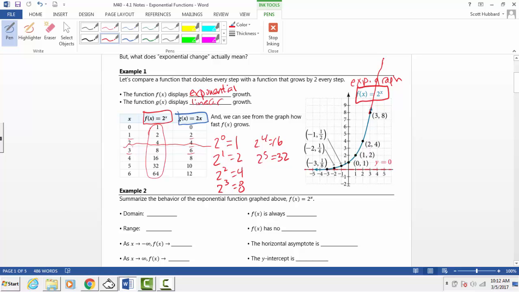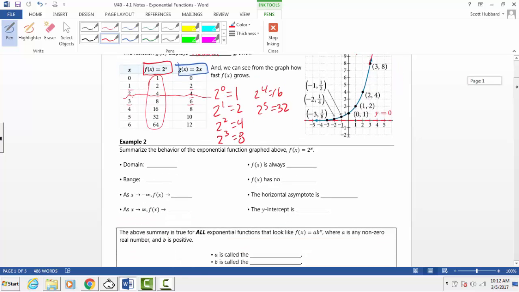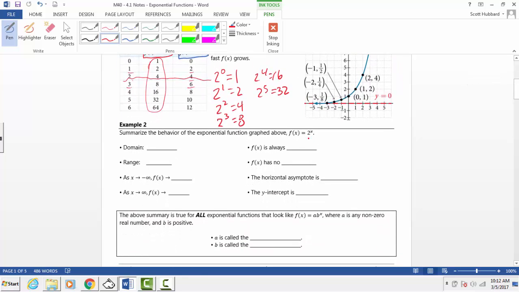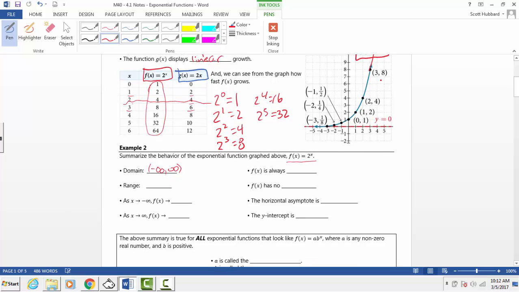So some key things about it, we'll summarize the behavior for this graph. For 2 to the x, the domain, as you can see, I can plug in whatever I want. So the domain is all real numbers. There's no problem there. The range, as you can see, the graph goes up as far as you want, so it's definitely going to go to infinity.